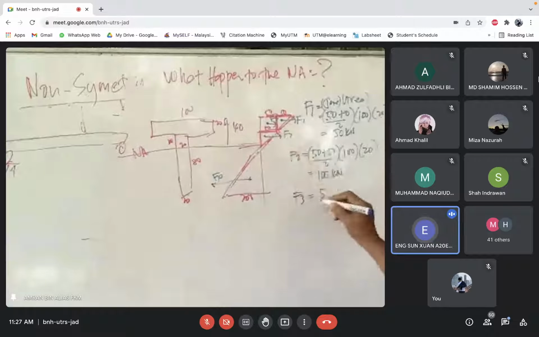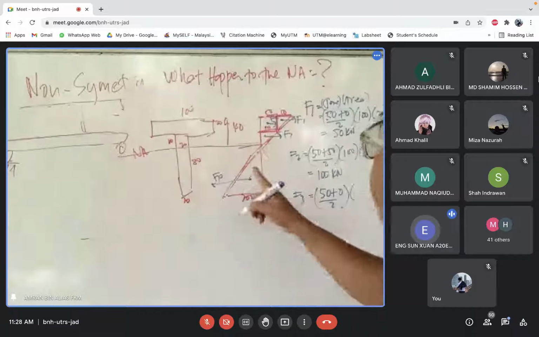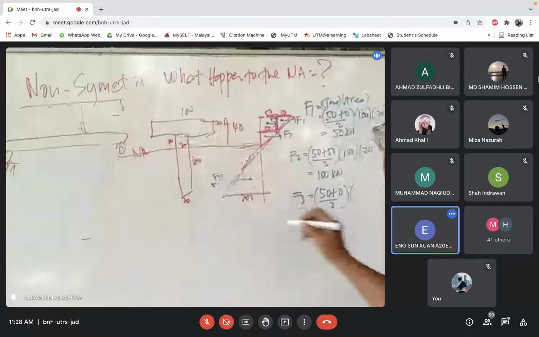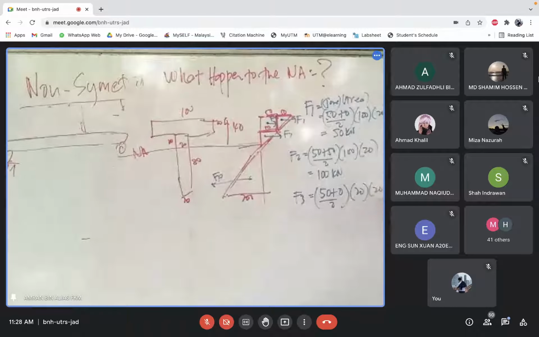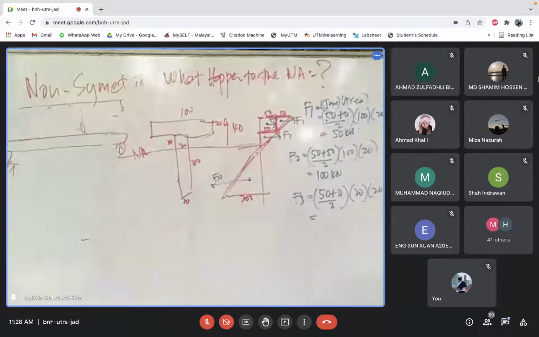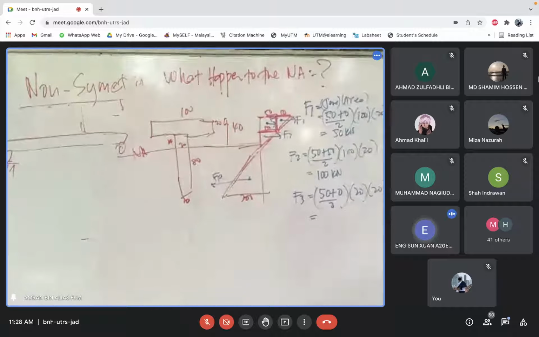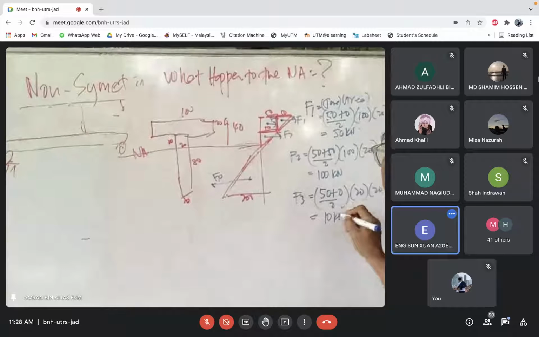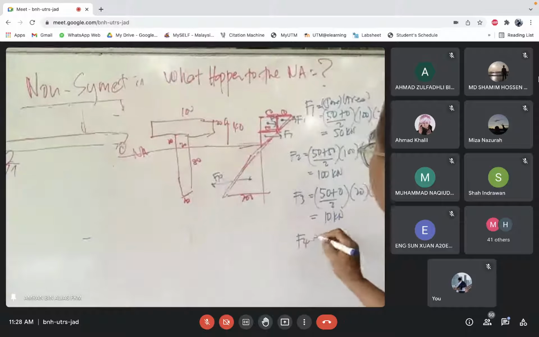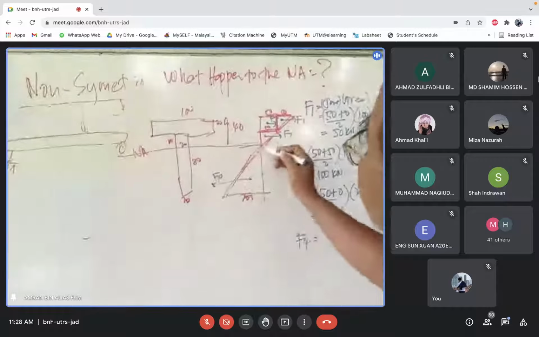What is F3 then? 50 plus 0 over 2. Area? 20 times 20. So what is the value of that? 10 kilonewton. F4? 200, 0 there.